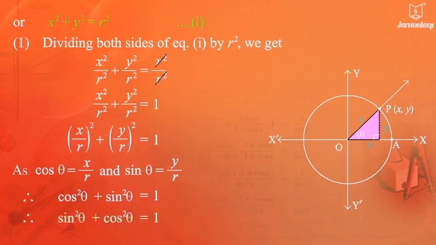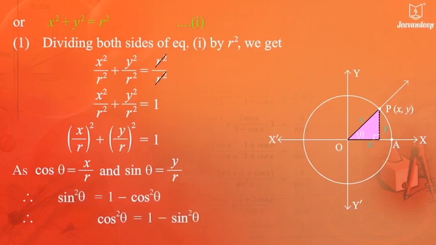Thus proved. Or sin square theta is equal to 1 minus cos square theta, cos square theta is equal to 1 minus sin square theta.